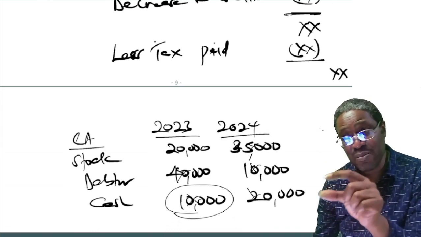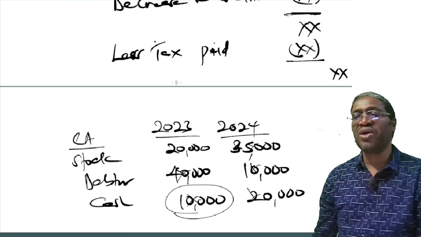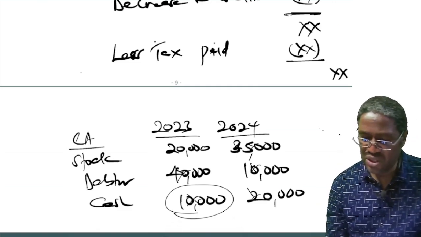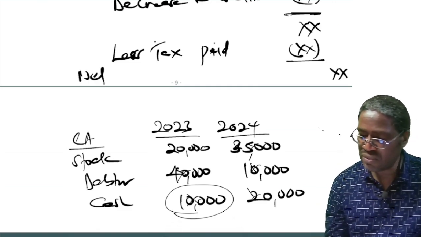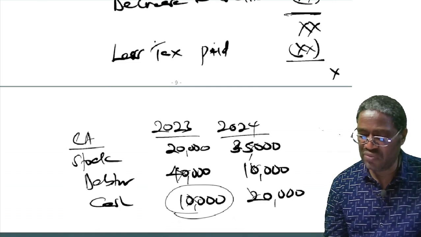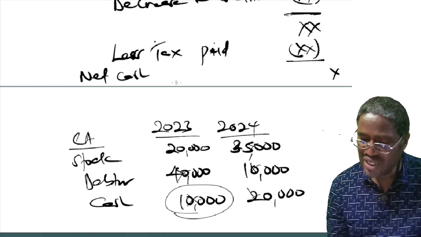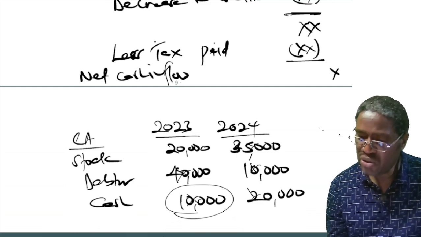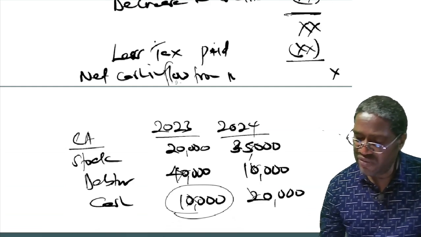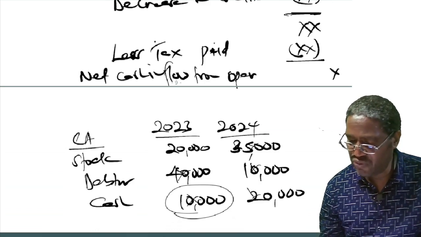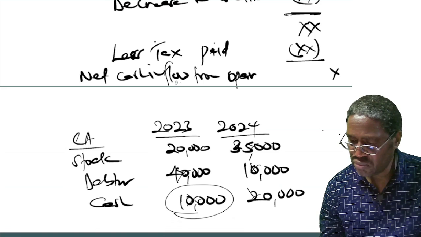It could either be positive, as I said earlier, or it could be negative. So now let us assume it's a positive. You will call it net cash inflow from operating activities.